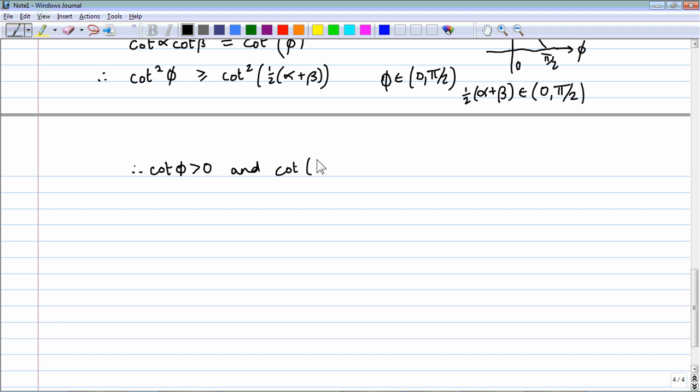Cot half alpha plus beta. So we can get rid of the square. It's clearly true. That's also true.